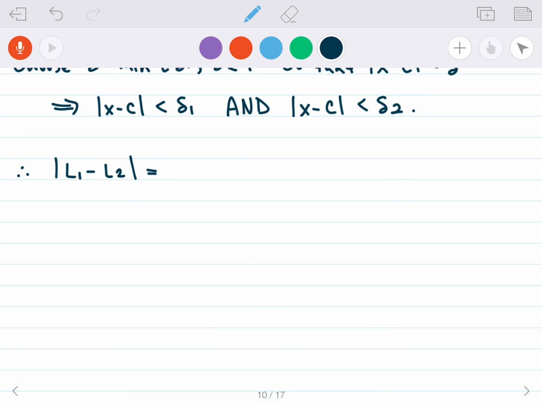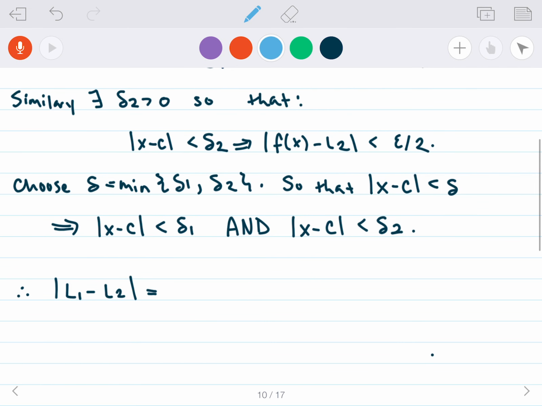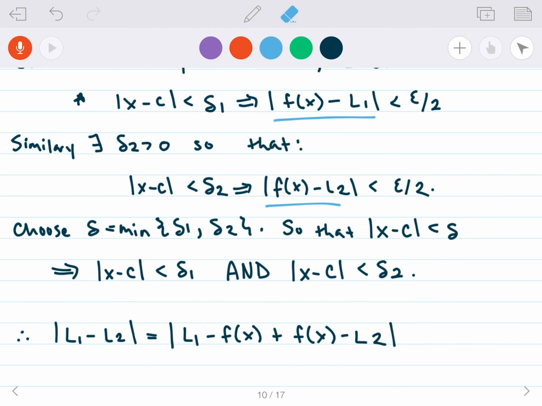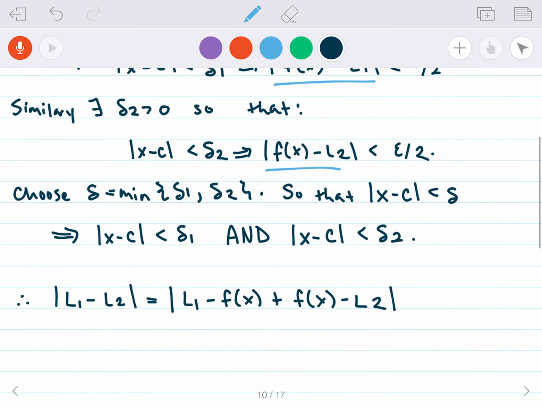But if I do this sorcery here, I notice that I have an |f(x) − L1| and an |f(x) − L2|. And so what I can do here is write this in a sneaky way as |L1 − f(x) + f(x) − L2|. Okay, because that's just L1 − L2, those middle terms cancel.